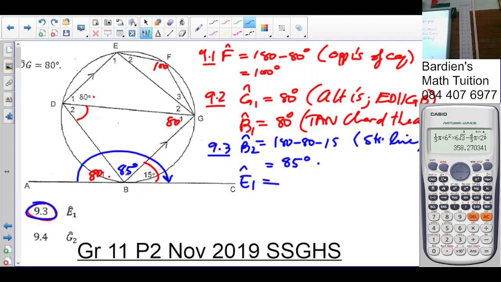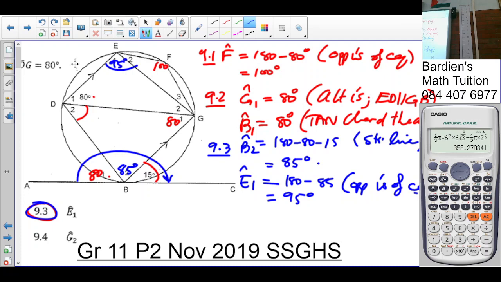So E1 plus 85 is going to give you 180. Yeah? So it's going to be 180 minus 85, which is 95. Reason? Opposite angles of cyclic quad. Okay, so that's 95.